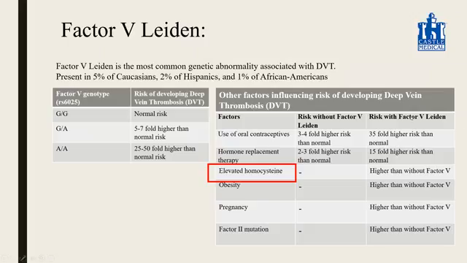And when factor V Leiden is present, her risk increases to 35-fold. Similarly, people who are on hormone replacement therapy, their risk is already higher than average, which increases further if they have factor V Leiden. Apart from that, high levels of homocysteine, obesity, pregnancy, and factor II mutation are also contributing factors for deep vein thrombosis.